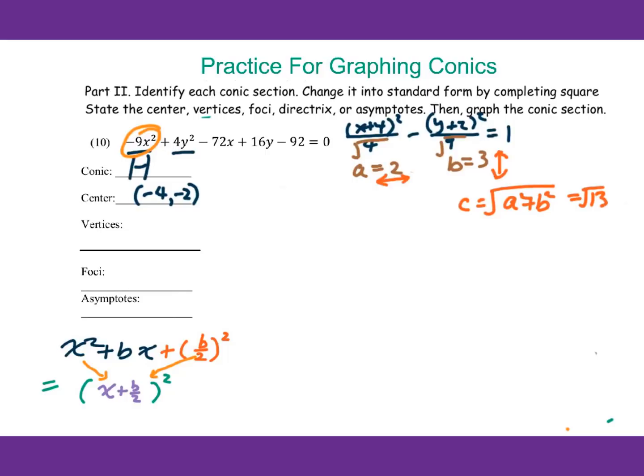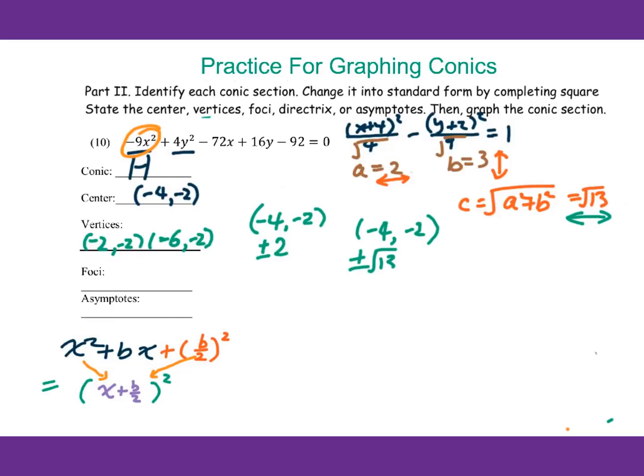The arrow will follow A like this. Therefore, for the vertices, I have negative 4, negative 2. Horizontal, I need to add to the x coordinate. Therefore, we got negative 2, negative 2, and then negative 6, negative 2. For the foci, I still use this center. Add or subtract square root of 13.